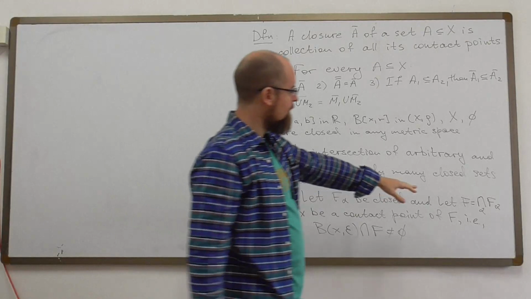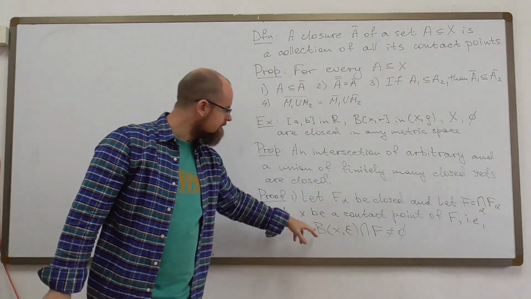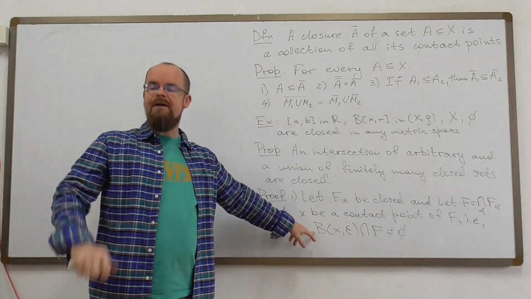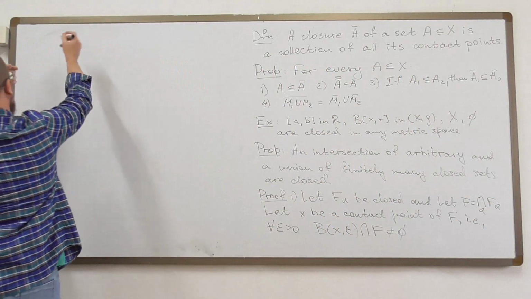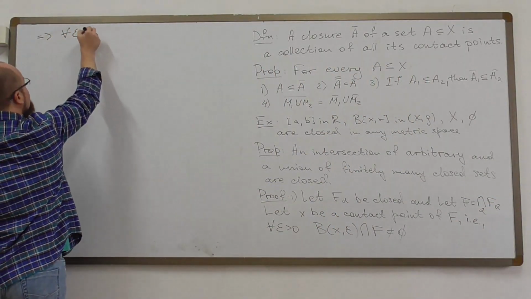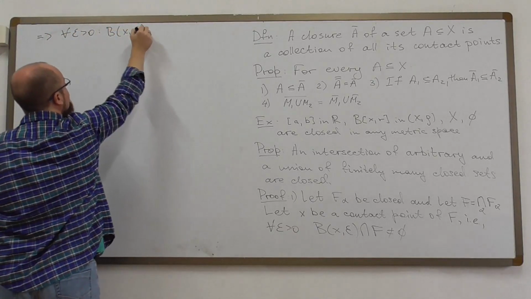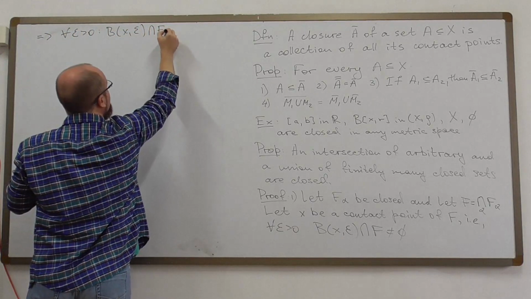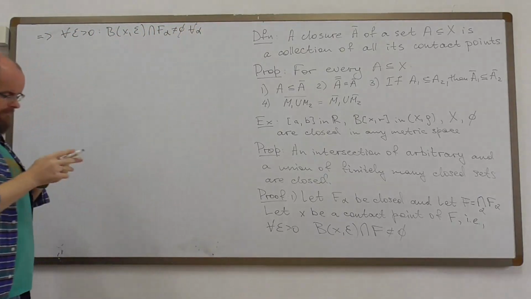But since F is an intersection of all F_alpha, this means that this ball intersects any of the sets F_alpha, for every alpha.